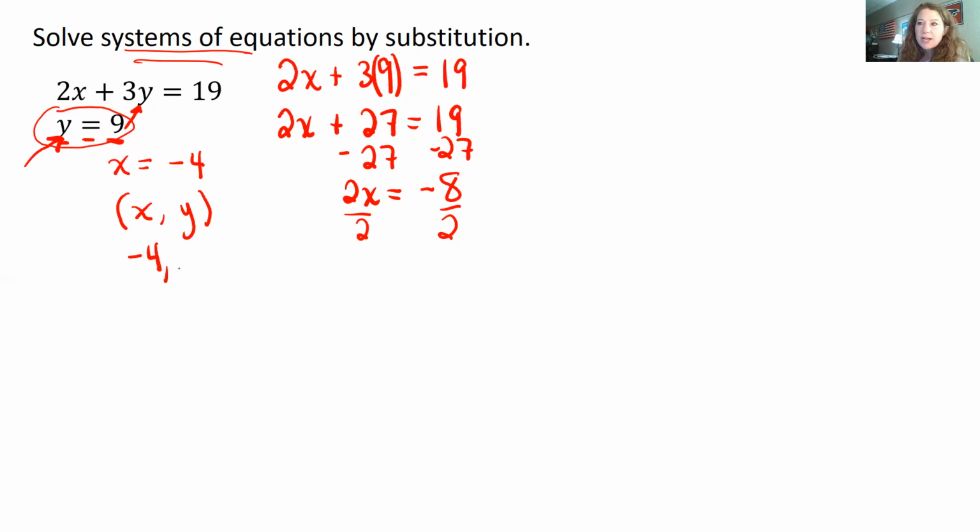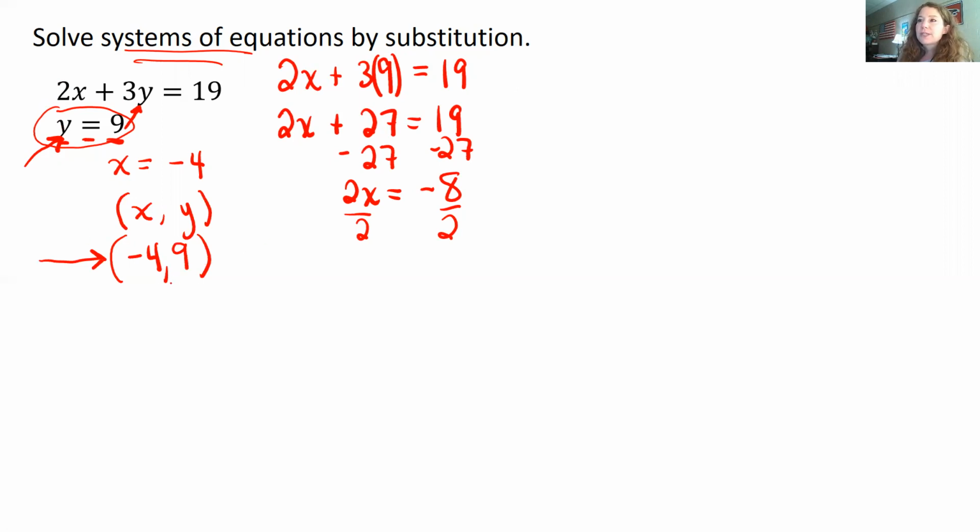You don't see that very often in systems, but on this one, they started us off a little easy. So the solution to this system of equations is (-4, 9), which means basically, if I graphed both of these equations, they would intersect at this coordinate on a coordinate plane, okay?